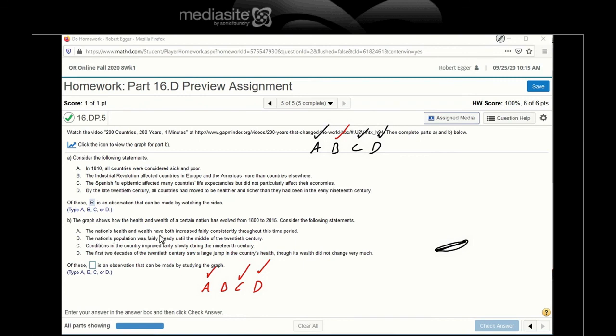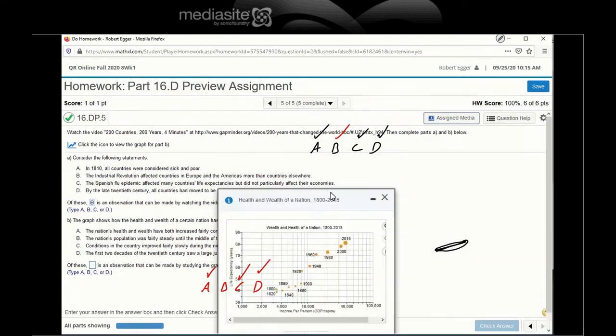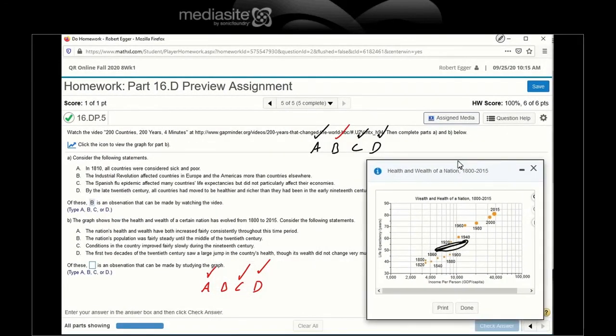The nation's population was fairly steady into the middle of the 20th century. Recall the bubble size relates to population. The middle of the 20th century would be, well, 1950 or so. And look at the bubble size.